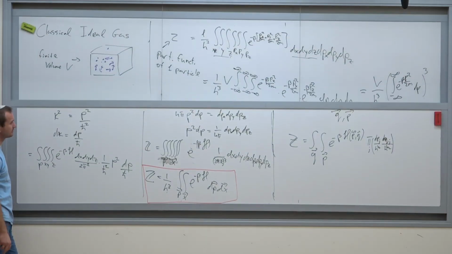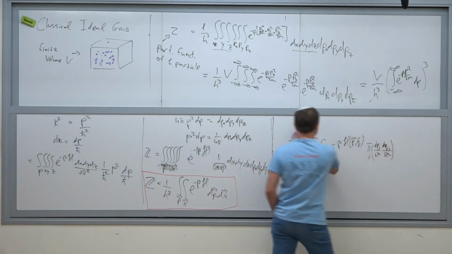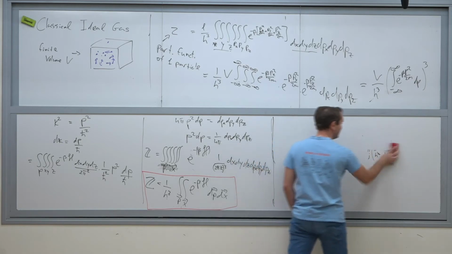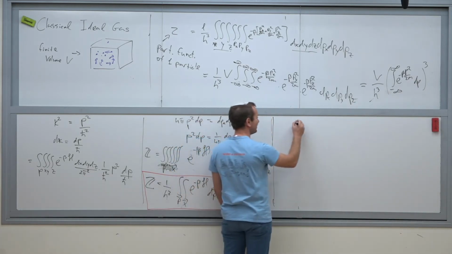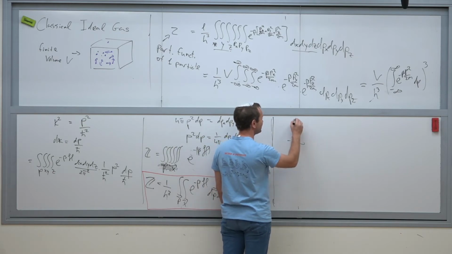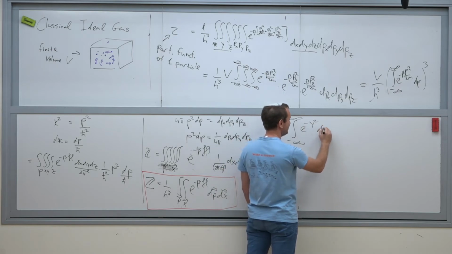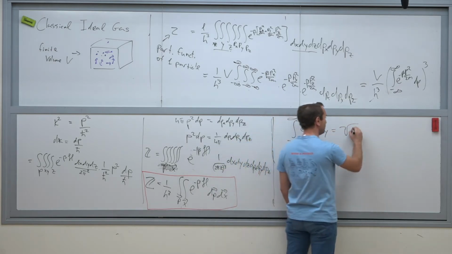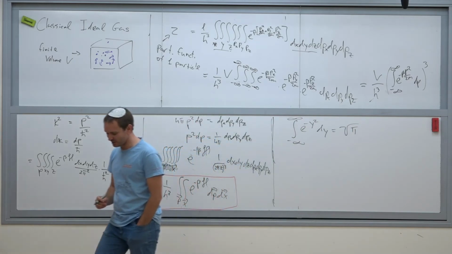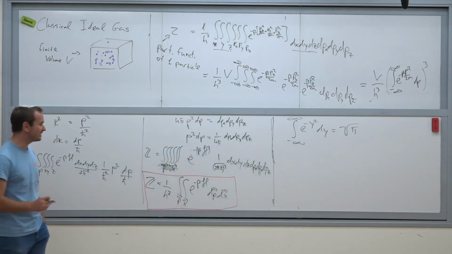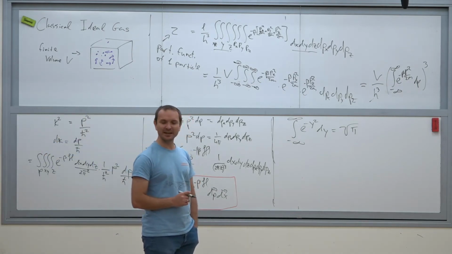Okay. So what is this? I assume that you have already seen the Gaussian integral, an integral of this form: the integral from minus infinity to infinity of e to the minus y squared dy is simply equal to the square root of pi. There is a very interesting book about integration, manifolds and advanced analysis.